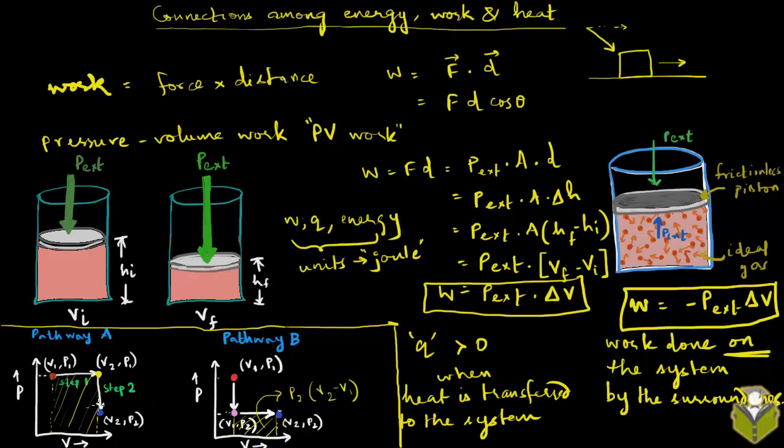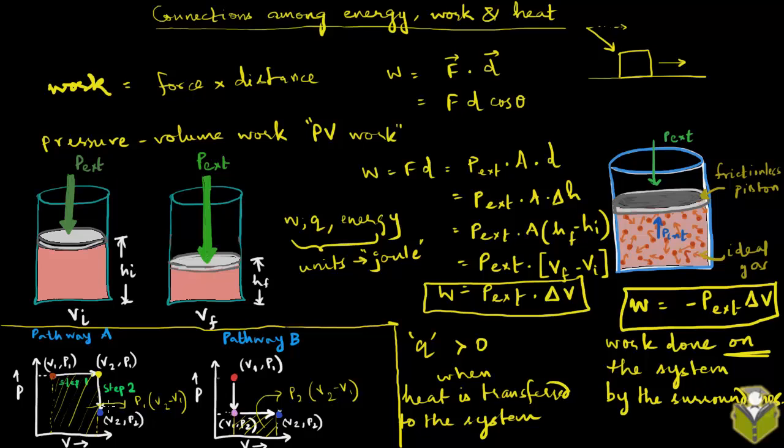And in pathway A, work done is P1 times (V2 minus V1). So you can clearly see that the work done going from the initial state, the red dot on the PV diagram, to the blue dot is much higher in pathway A versus pathway B. So it definitely depends on what path the gas takes to go from its initial to final state.